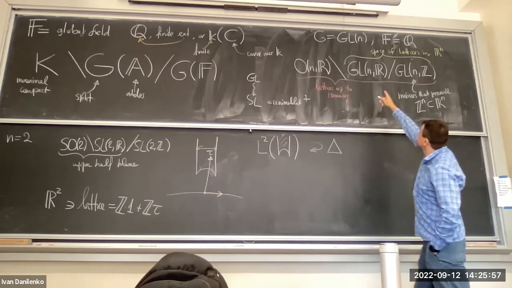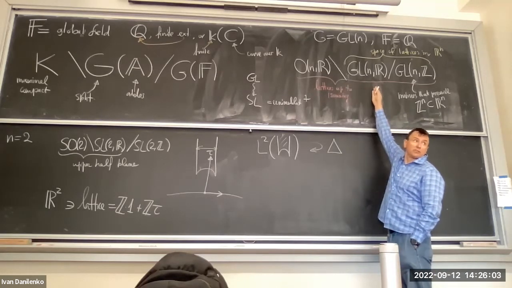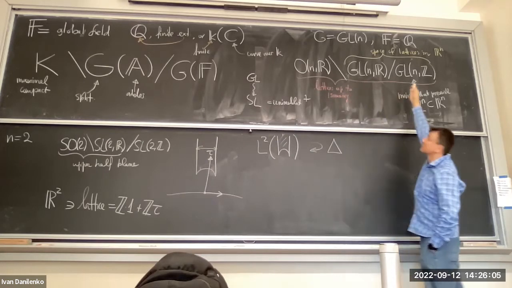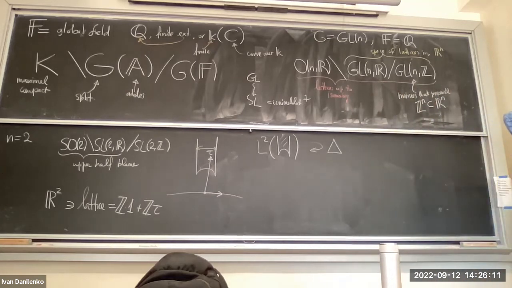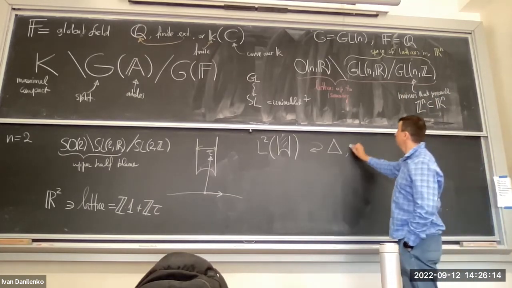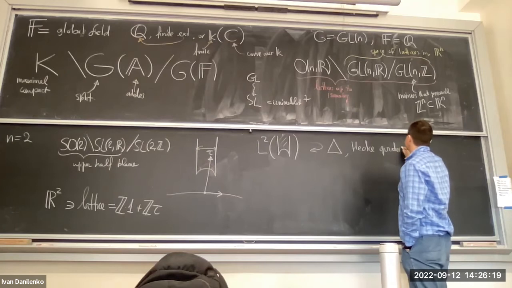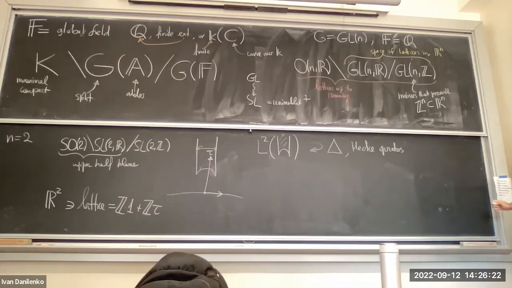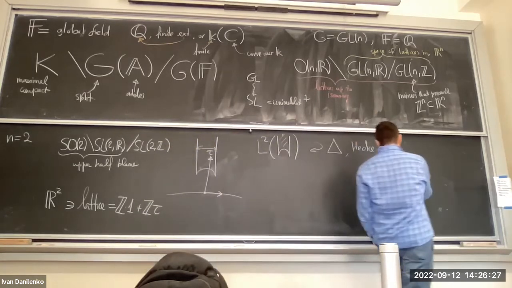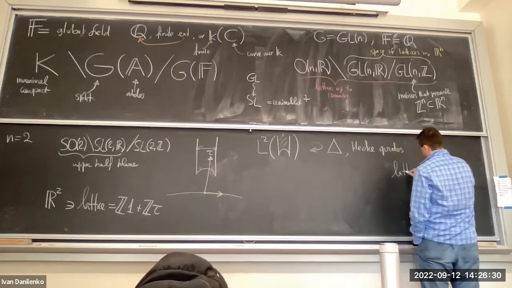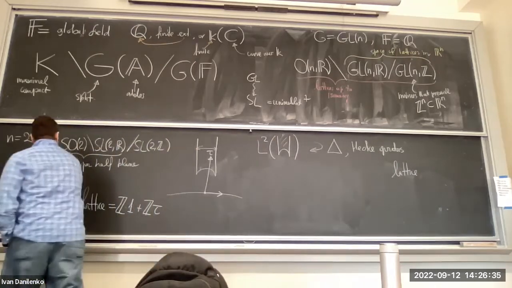and more general, this GLN with maximum compact. This is a symmetric space. It has a whole bunch of different operators, subgroup or the same proportion. And also the Hecke operators, which come from the fact that if you have a lattice, or a function on the lattice, you can. What's a good notation for the lattice?